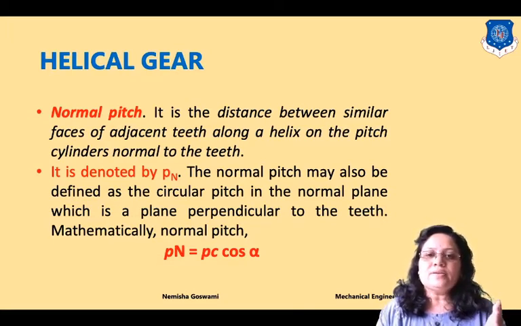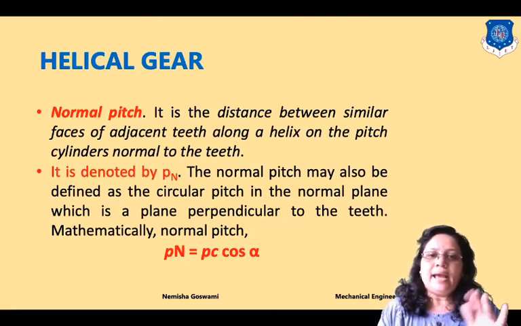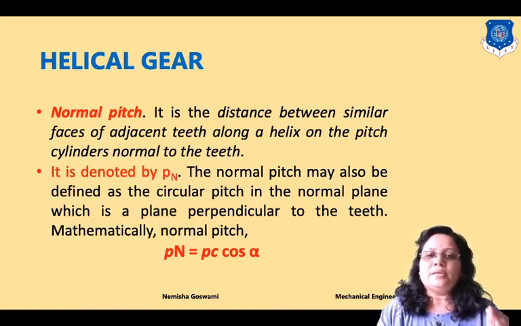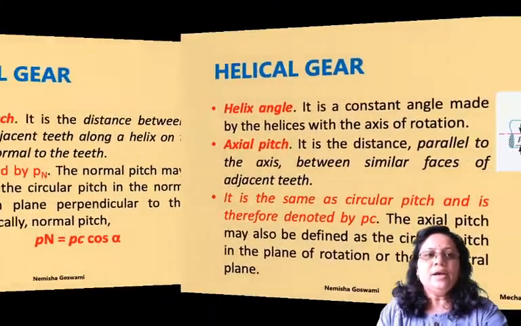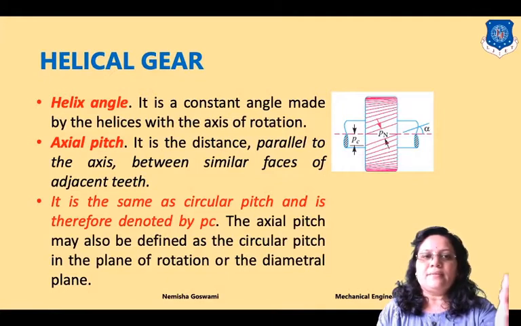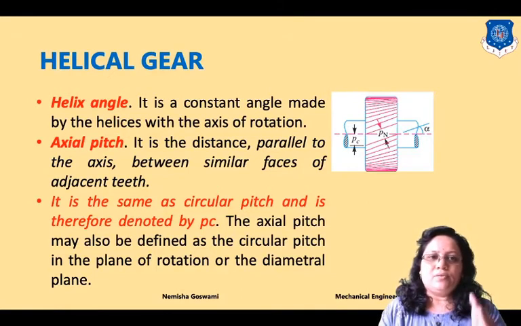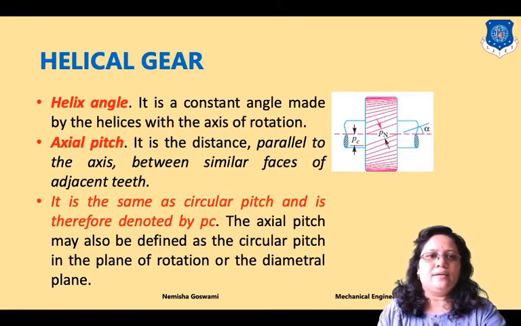What is the relation between normal pitch and axial pitch? Normal pitch is denoted by Pn and axial pitch by Pc, so Pn is equal to Pc into cos alpha. You can better understand this by the diagram. Here Pn is the normal pitch, Pc is the axial or circular pitch, and alpha is the helix angle.